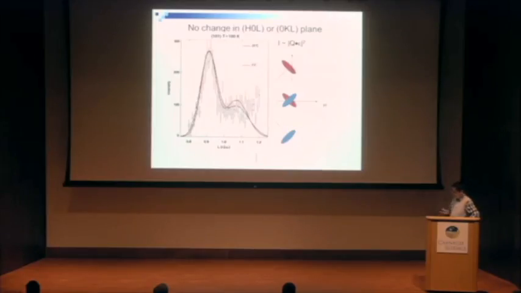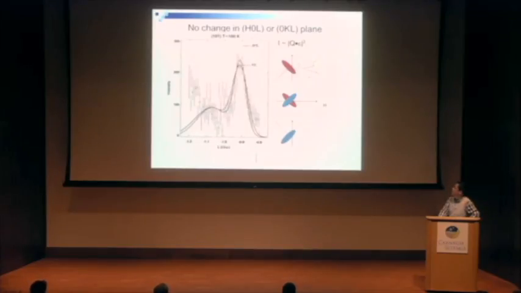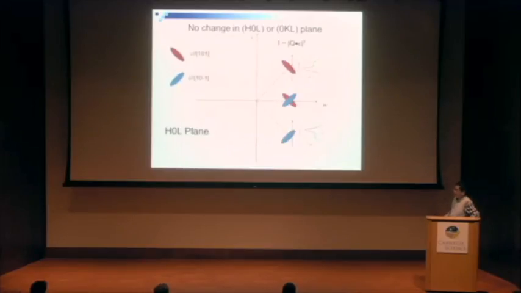It's the same both around the 110 Bragg peak and the 1-10 Bragg peak. So it seems the 110 field has no effect on diffuse scattering coming from either the 101 polarization or the 10-1 polarization. And it's also the same case if we measure in the 0KL plane.